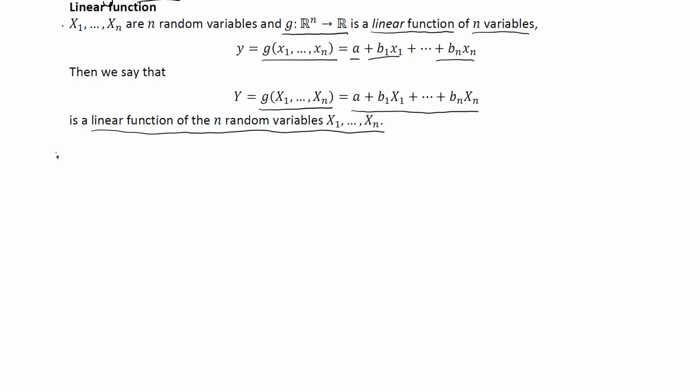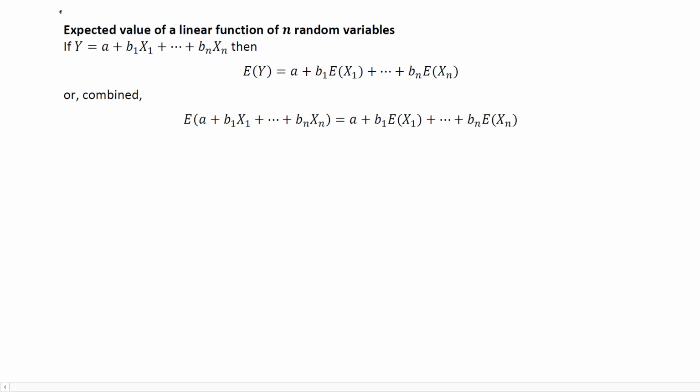It turns out that a linear function of random variables has special important properties, and the first one is the expected value of y. We have the following result, which is of tremendous importance in probability theory. If I create y as a linear function of n random variables, then the expected value of y will come out to be the same linear function evaluated at the expected values of the corresponding xi.